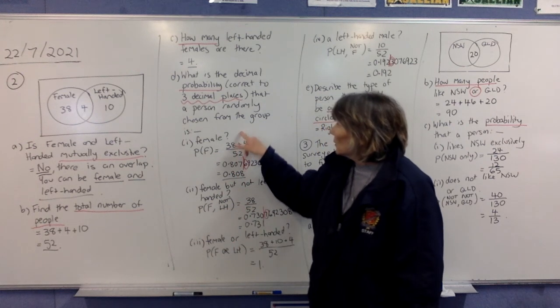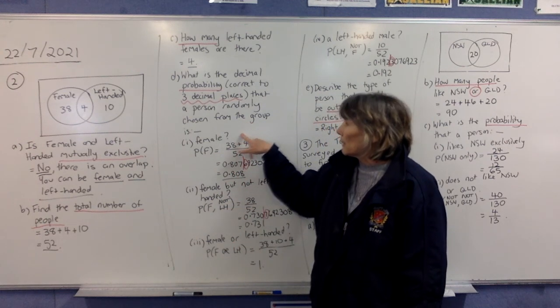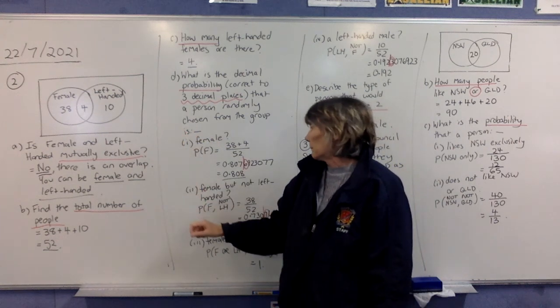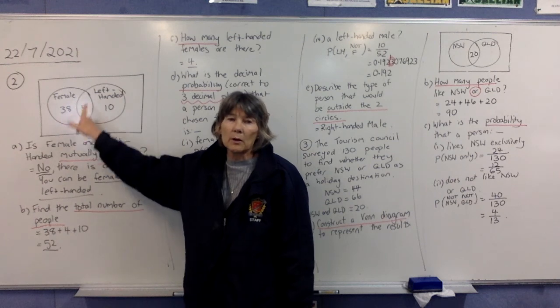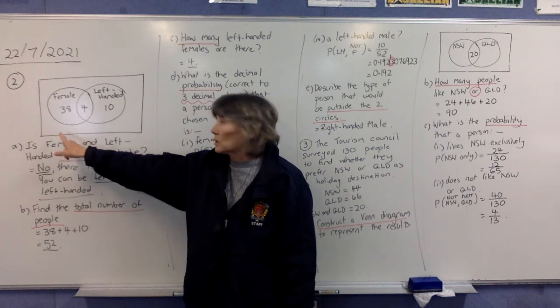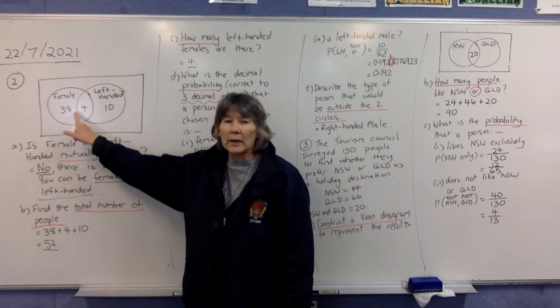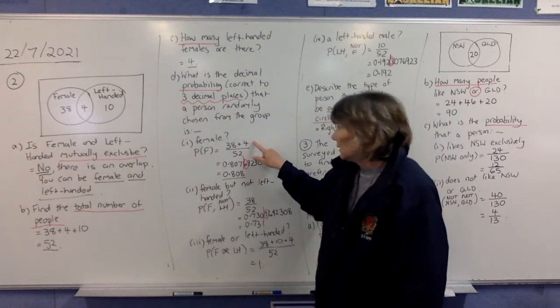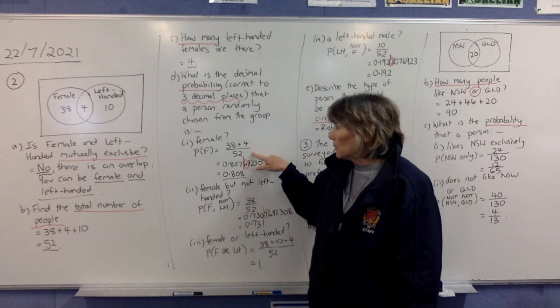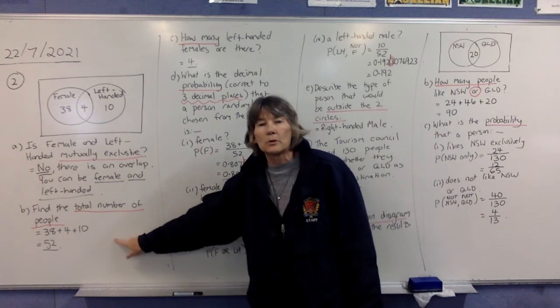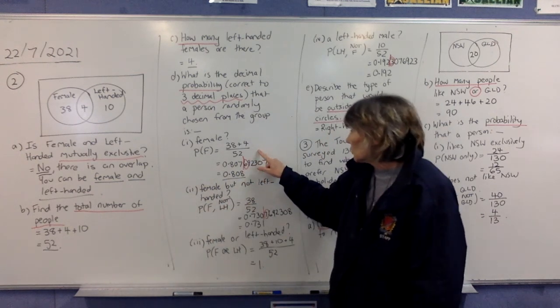All right, so we're going to look at the probability that we have a female in this Venn diagram. So our females are both of these numbers. They're all the people in the female circle. So we have to add the 38 and the 4 together because they're all the females. And then on the bottom, we put the total number of people, which we found earlier, 52.